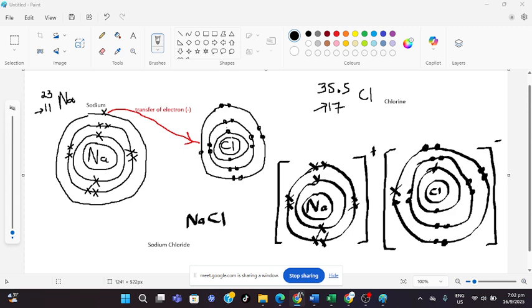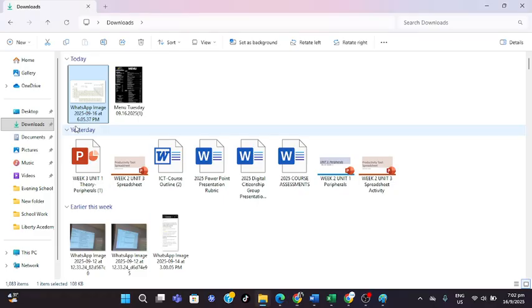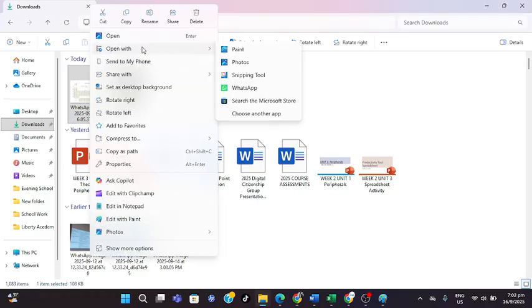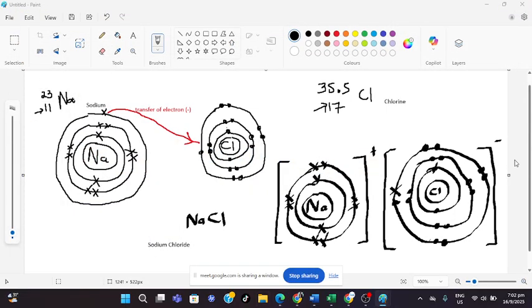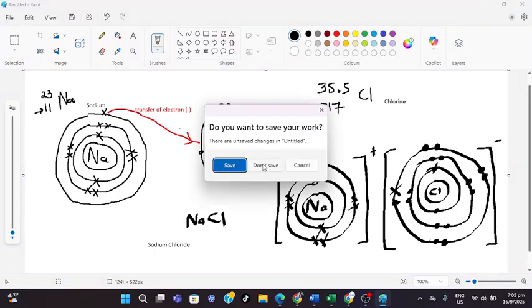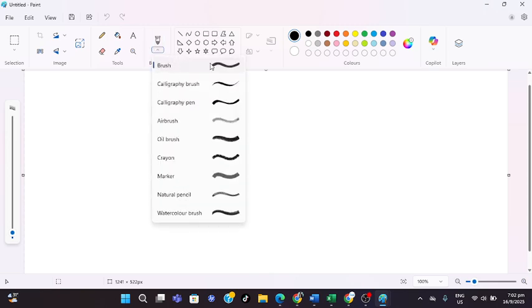So we're going to look at magnesium chloride now. Mg is 24, 12.